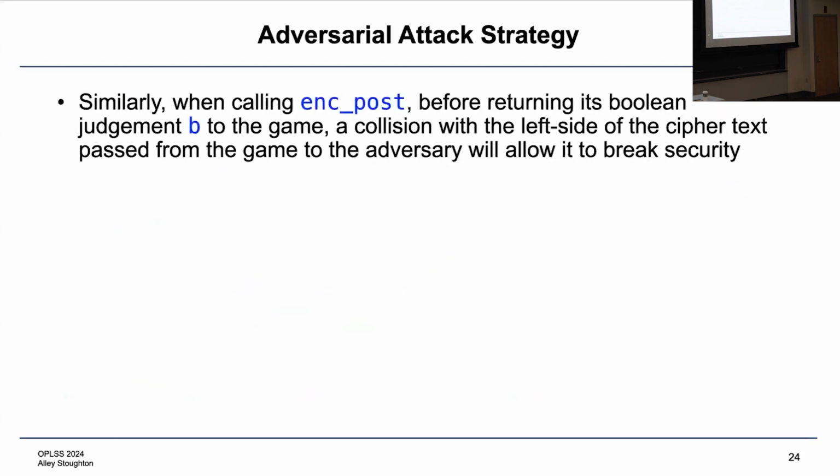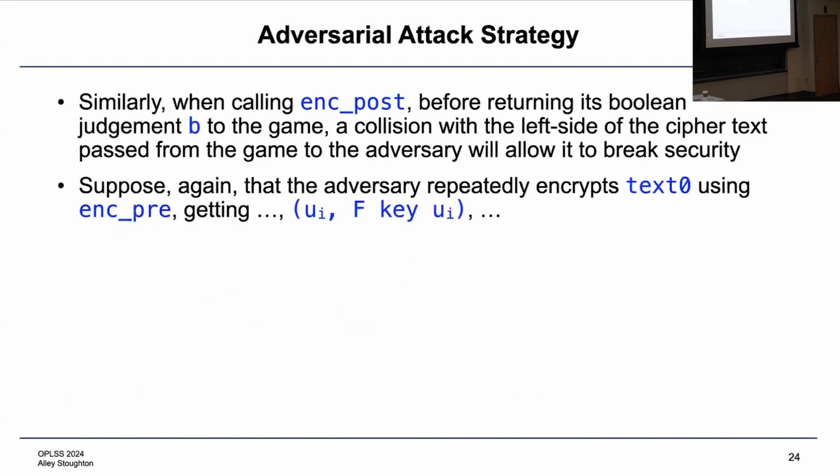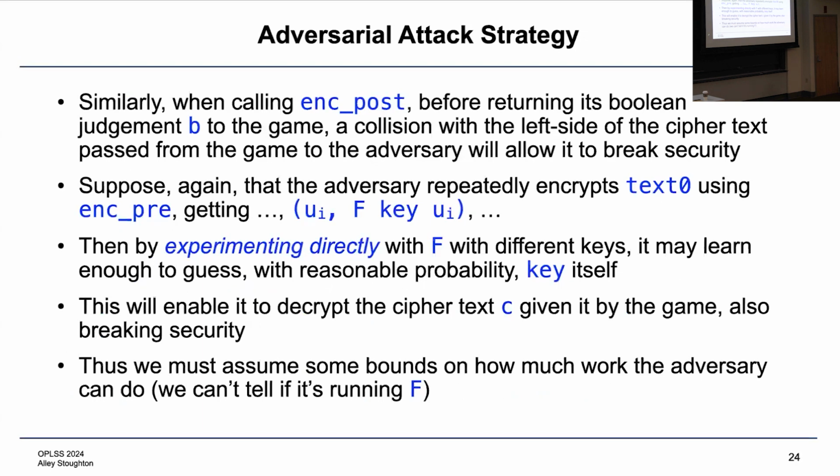You can do the same thing with enc_post, but there's one completely different kind of thing that you could do. The adversary can, again, encrypt text 0 over and over again, getting this table. But then, as the person over here was saying, because the adversary can experiment with capital F directly, it's just this public function anyone can use. The adversary can use it. And so we have a table of Ui's and then F_key of Ui's.